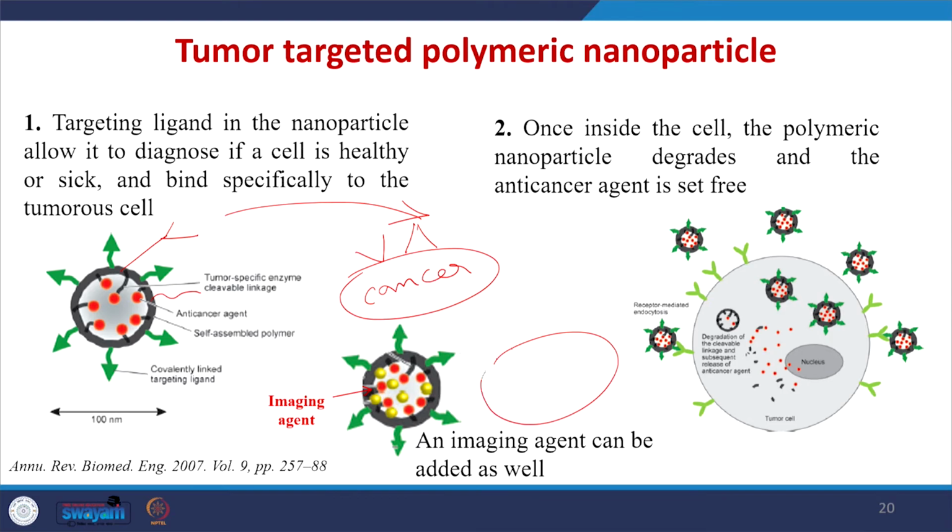Whereas, in case of normal cell, we don't have that kind of receptors, so this nanoparticle cannot bind to the normal cell. It specifically binds only to the cancer cell and it will kill the cancer cell. In addition to the anti-cancer drug, we can also add the imaging agent. In that case, we can call this nanoparticle a theranostic nanoparticle, which can be useful for both therapy as well as diagnostic.